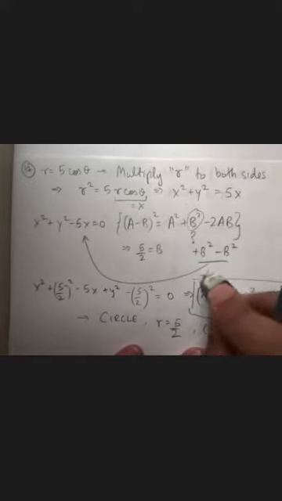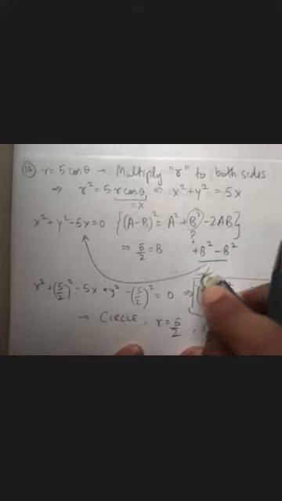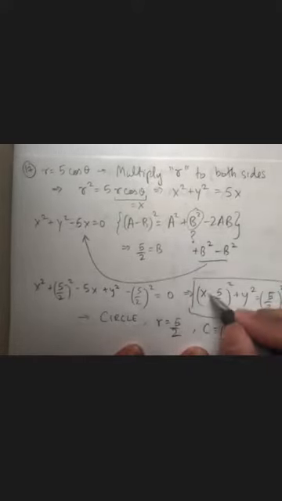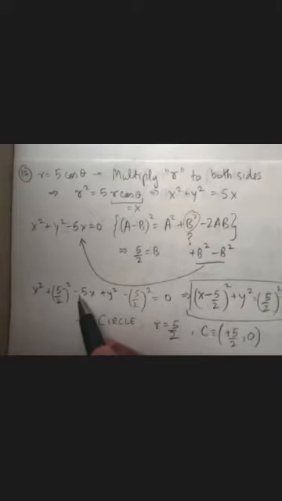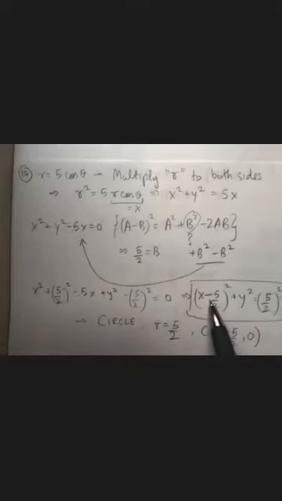Correction, this is negative here. And then the center will be positive. Why should this be negative? Because we have negative 5x. So this negative 5x means this is a negative square, which makes the center positive 5/2.